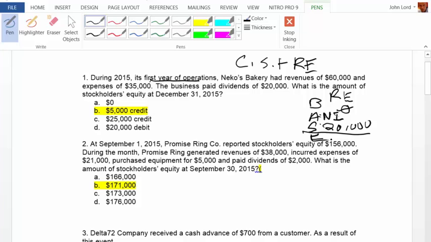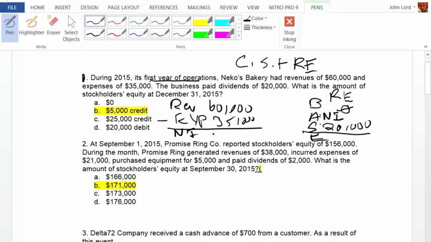So what's my net income? My net income is my revenue of 60,000 minus my expenses of 35,000. So what does that give me? Net income of 25,000. If I add that 25,000 net income, I end up with what?